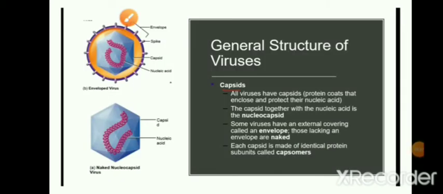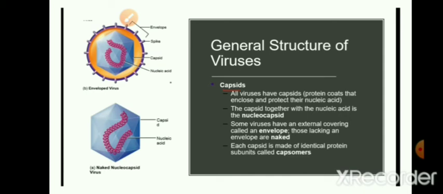General structure of viruses: capsids. The capsid is made up of protein subunits called capsomeres, and all viruses have capsids. The capsid together with the nucleic acid is the nucleocapsid. Some viruses have an external covering called an envelope, and those viruses that don't have an envelope are naked.